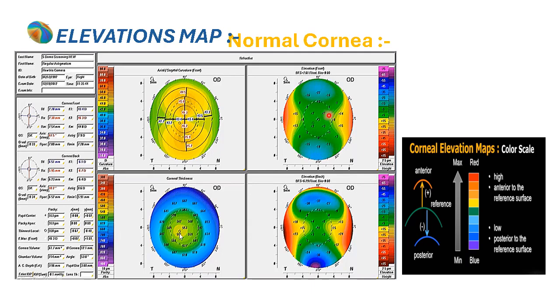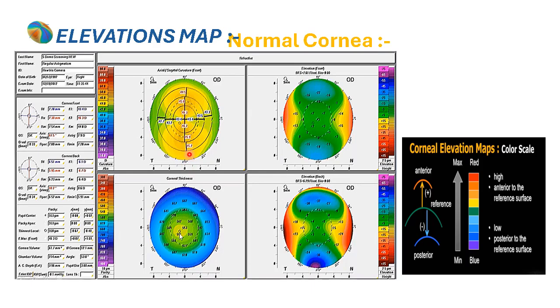However, if you look at the color code of this map, usually it is the reverse of the curvature map. As you can see, with the-the-rule astigmatism of mild degree, there is steepening of the vertical meridian and flattening of the horizontal meridian. So you can see that the colors are reversed because of the steepening.